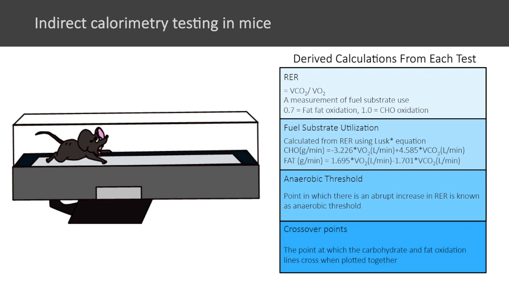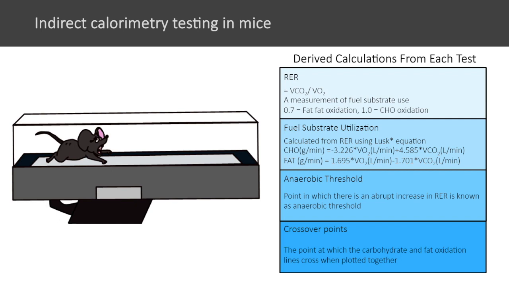From those measurements that the machine is directly calculating, we can calculate some other subsequent things, such as respiratory exchange ratio, which I just spoke about. But then from RER, we can calculate something further, fuel substrate utilization. We're going to do that using an equation developed a long time ago by Dr. Lusk.